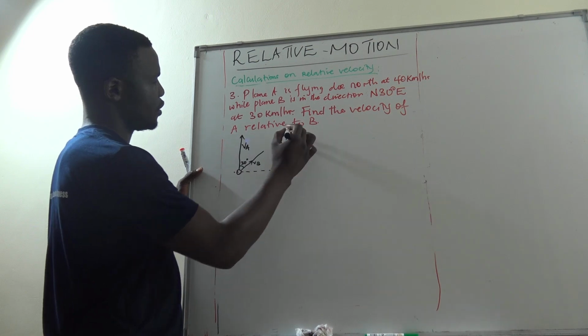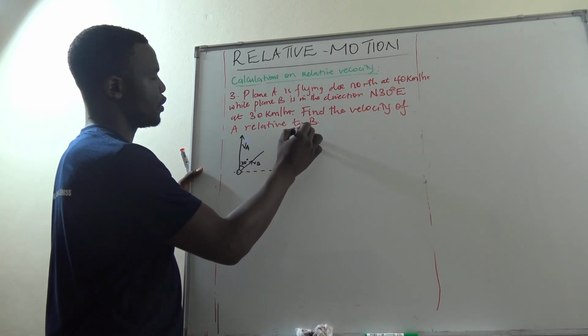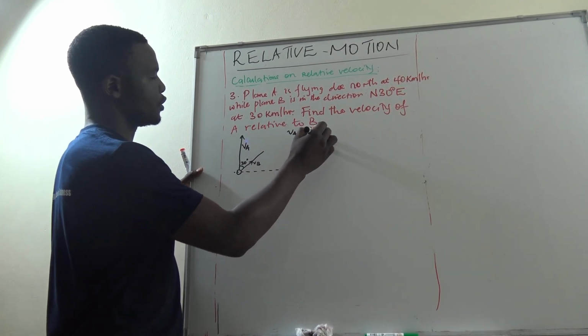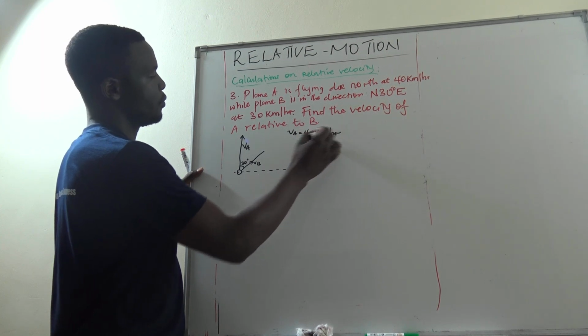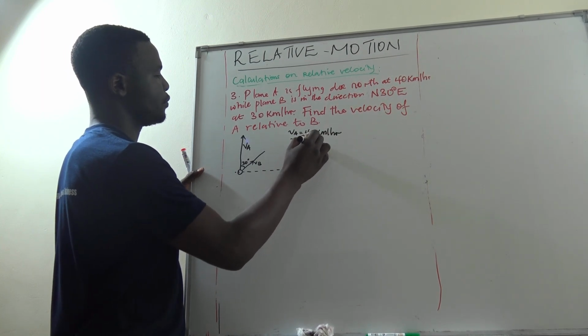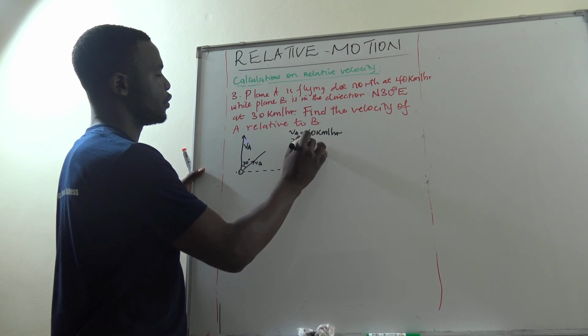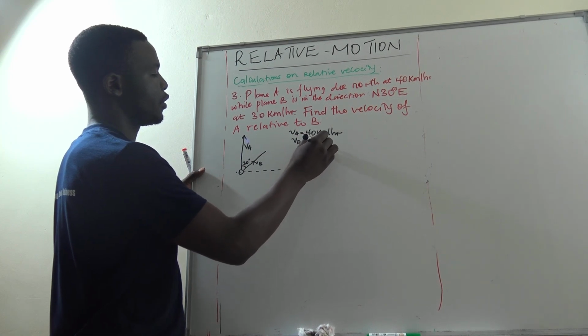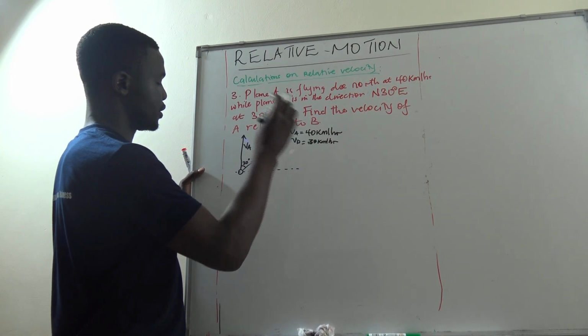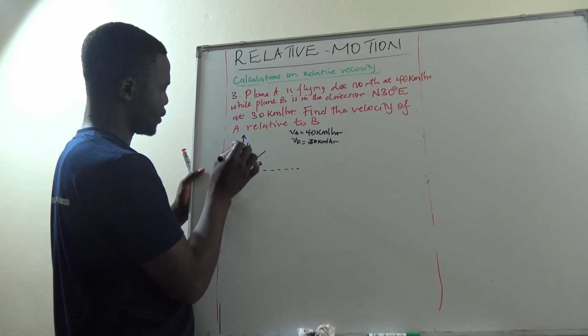Going back to our question, VA is 40 kilometers per hour and VB is 30 kilometers per hour.